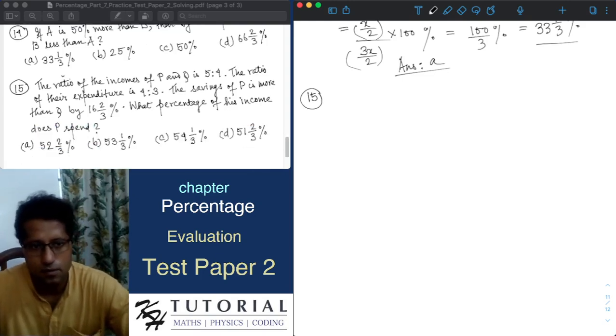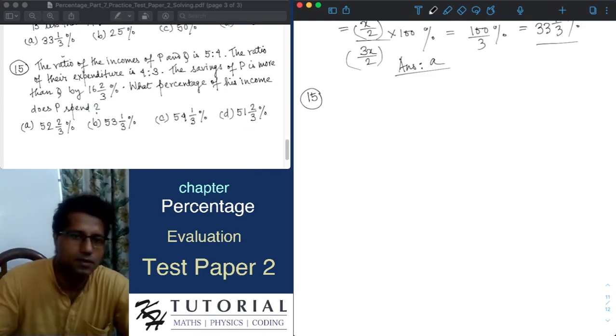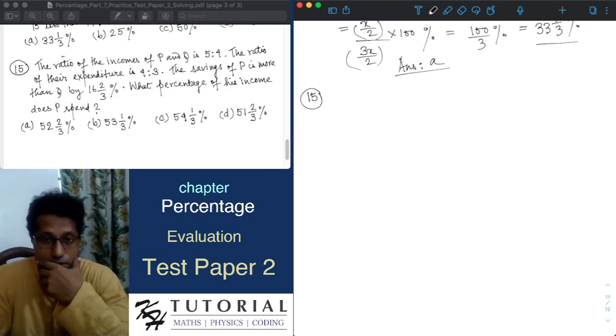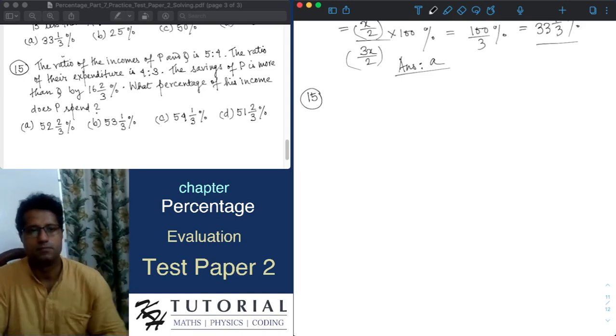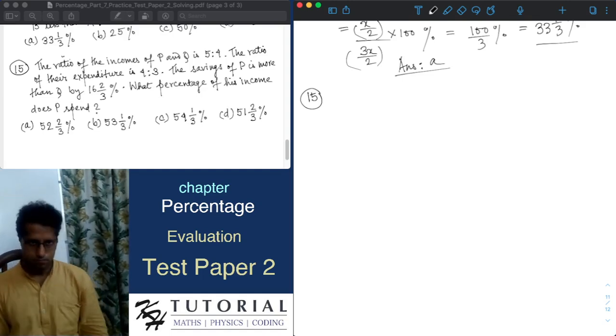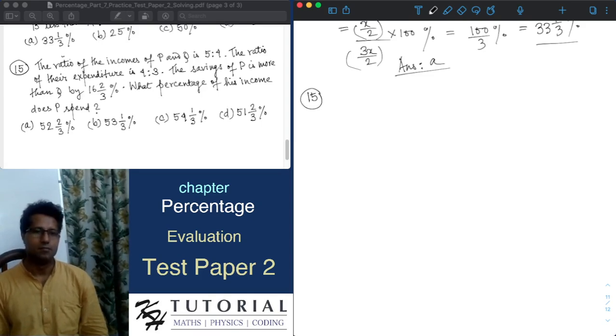It says that the ratio of incomes of P and Q is 5:4. The ratio of their expenditure is 4:3. The savings of P is more than Q by 16 and 2 by 3 percentage. What percentage of his income does P spend?